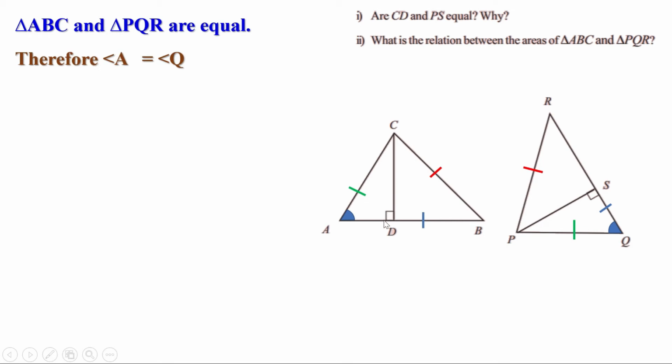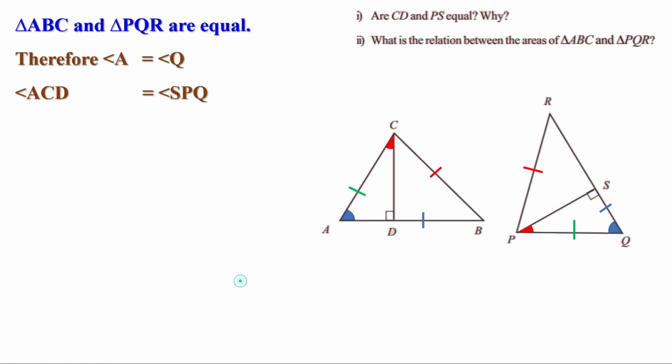Now, angle ADC and angle PSQ are right angles, so they are also equal. Therefore, the third angles in these two triangles are also equal. That is, angle ACD equal to angle SPQ.